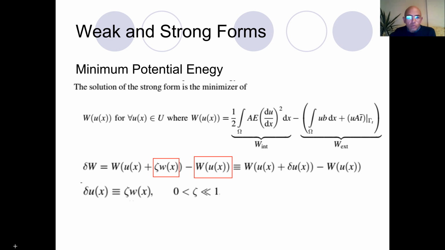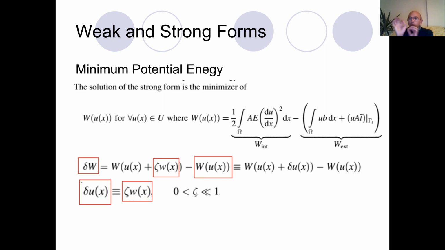So delta W is the change in potential energy or variation of the potential energy. And in fact, we have delta U. Delta U is some change in the weight function. Eta is here a very small value.